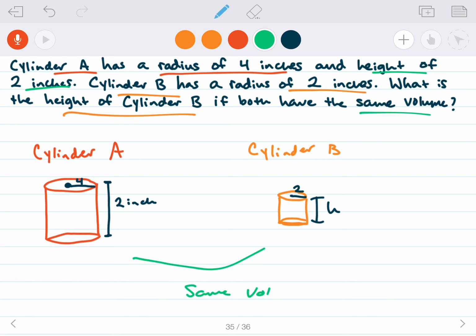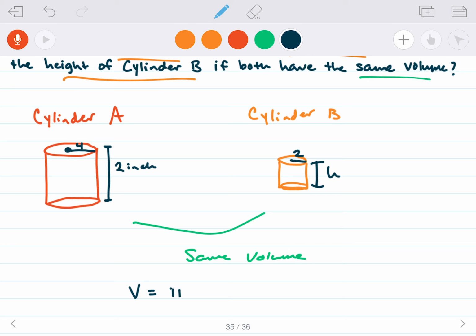Now, if we go back to our formulas, the volume of a cylinder is right here. Volume is pi r squared times h. So the volume of just an arbitrary cylinder is pi r squared times h.